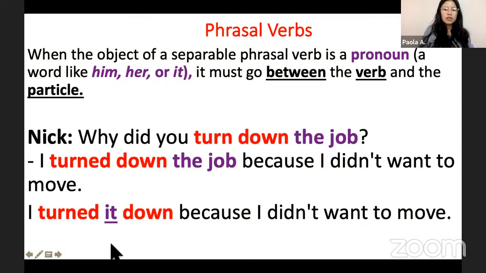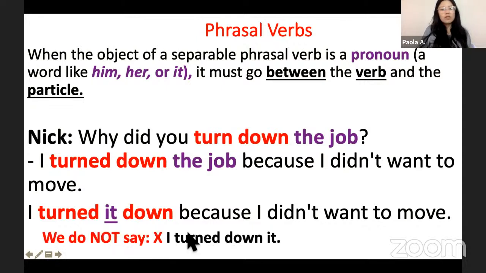All right. And we don't say I turned down it. It always goes in the middle, in between the phrasal verb, always in the middle. If we say I turned down it, it's incorrect. It just goes at the end when it's the object, the name of the object. But when it's a pronoun, always in the middle.